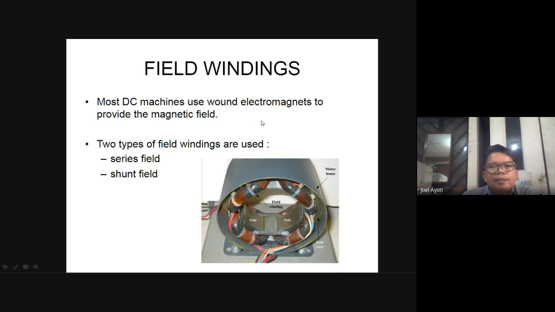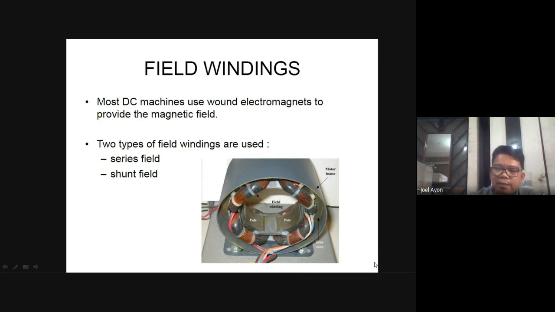The permanent magnet is used only for small types of DC motors. Since these are large DC motors, their stator consists of field windings, because the magnetic flux or magnetic field they can produce is higher compared to a permanent magnet.